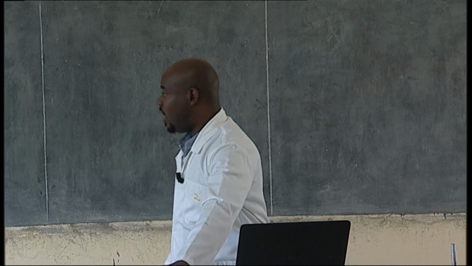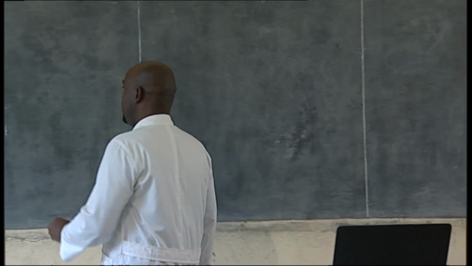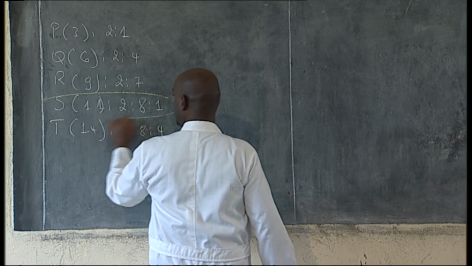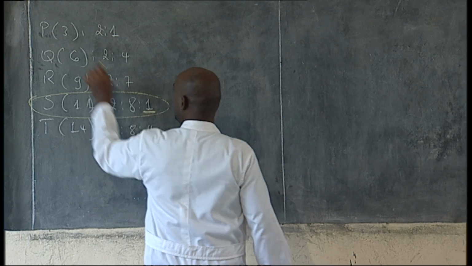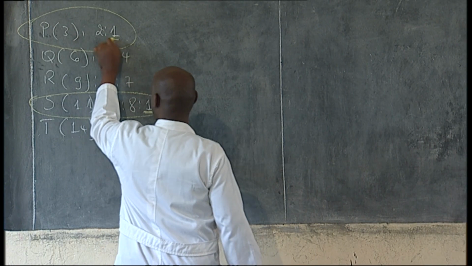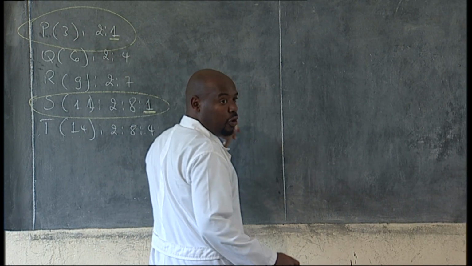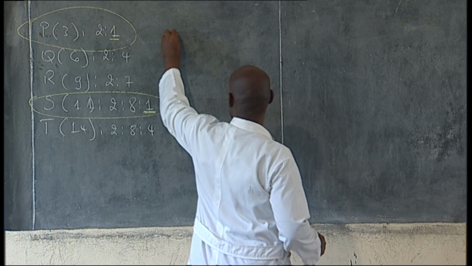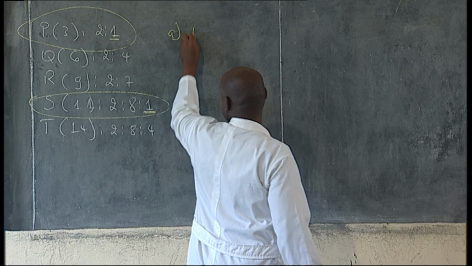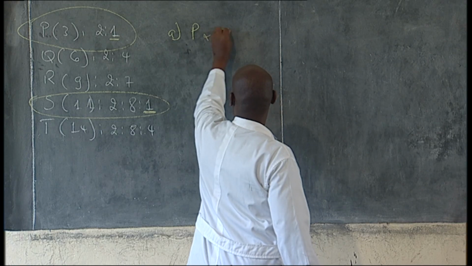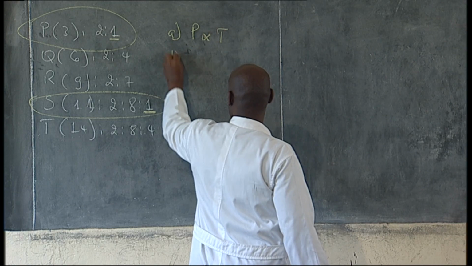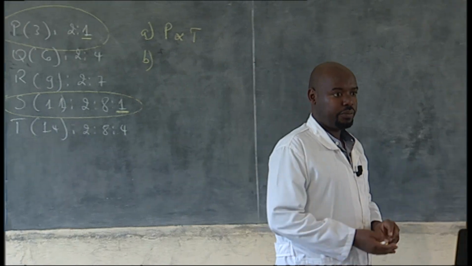Which elements have 1 electron in the last shell? It's this one, and this one in the third shell. So for sub-question A, the right answer is P and S. These elements belong to group 1.